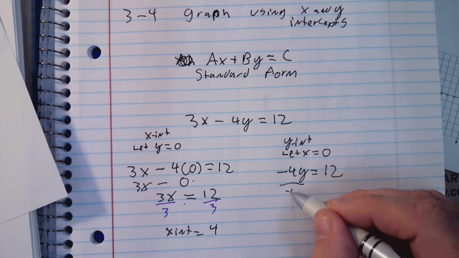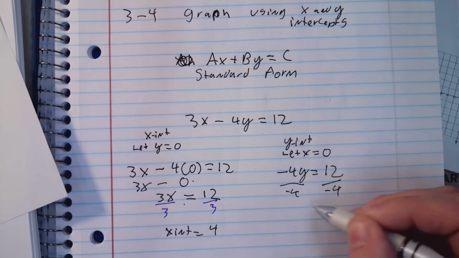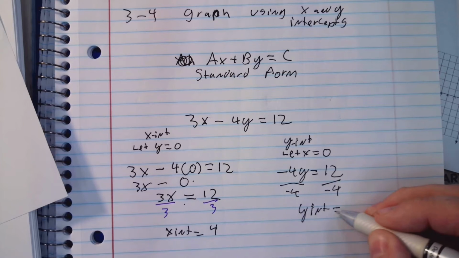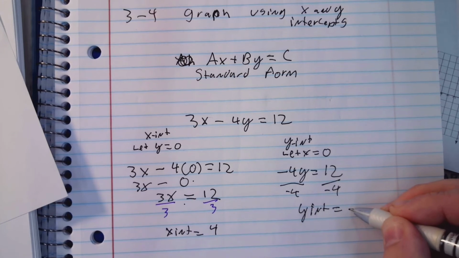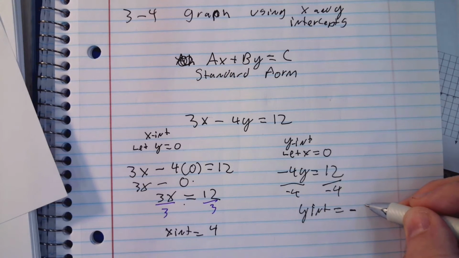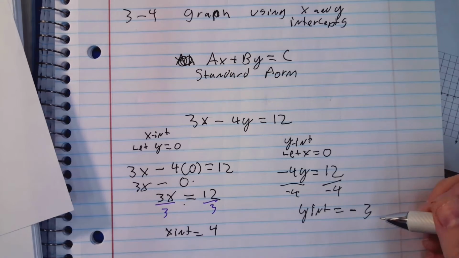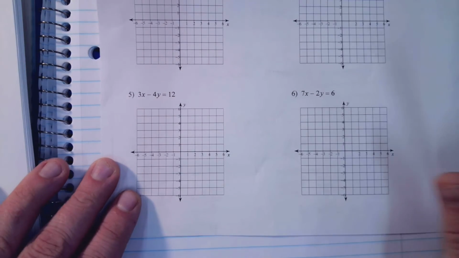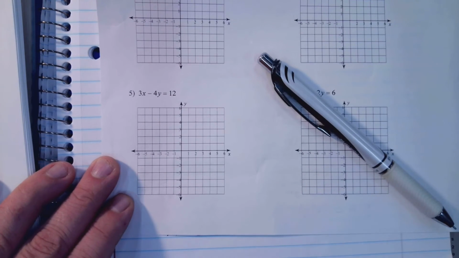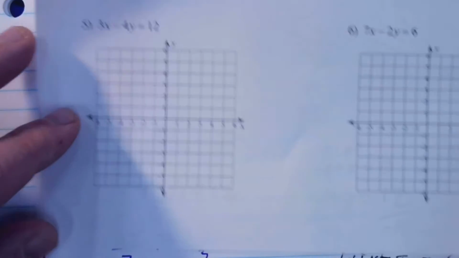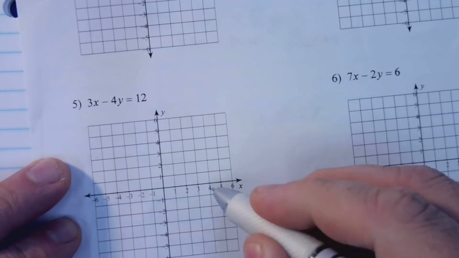Divide by... y equals, or the y-intercept equals, what? Negative... Is that it? Okay, let's graph this. Graph this on 5. We had an x-intercept of 4.